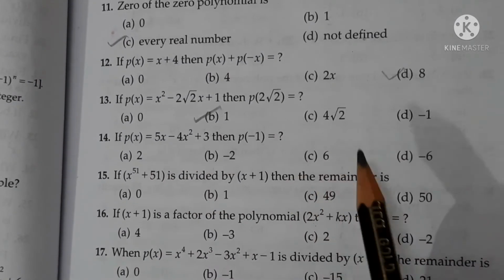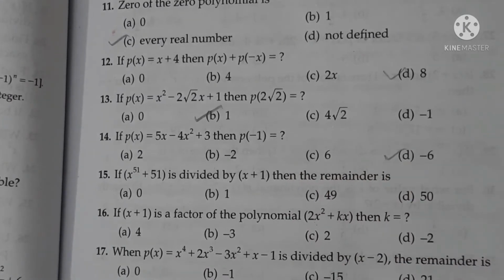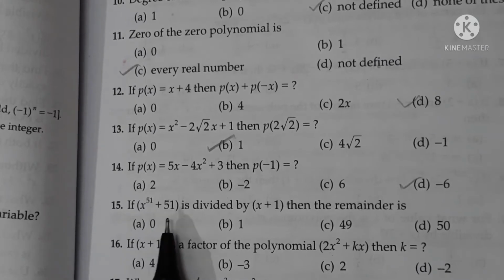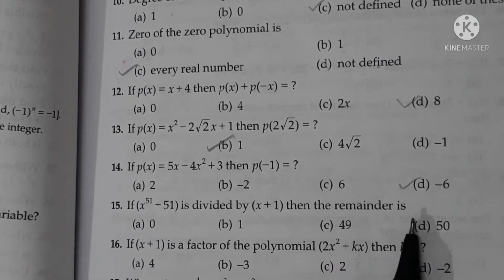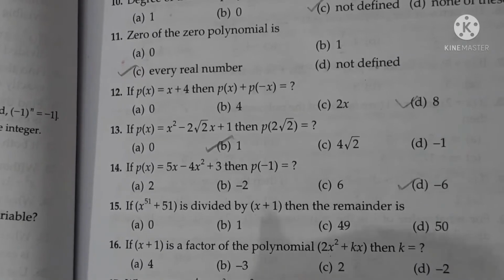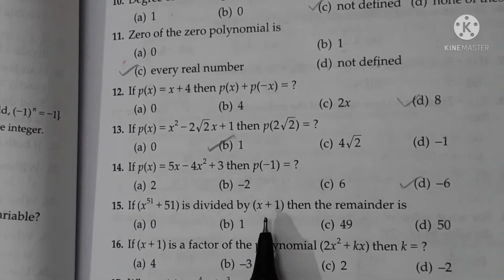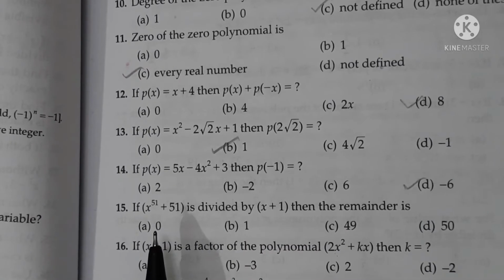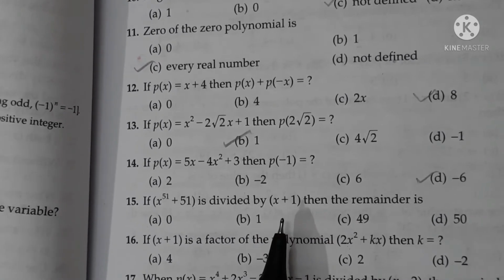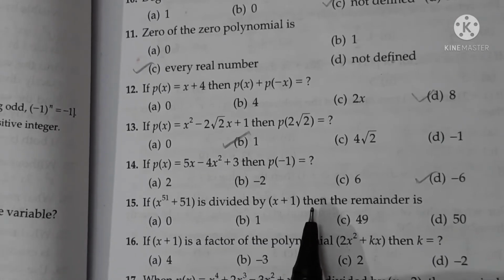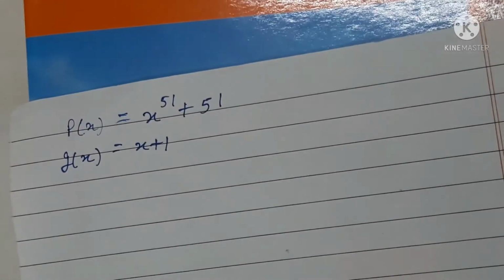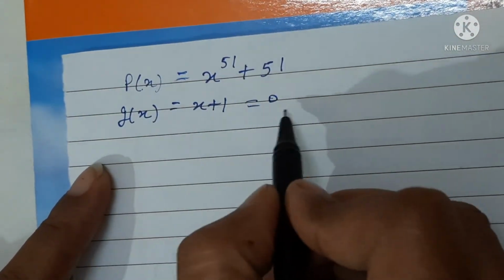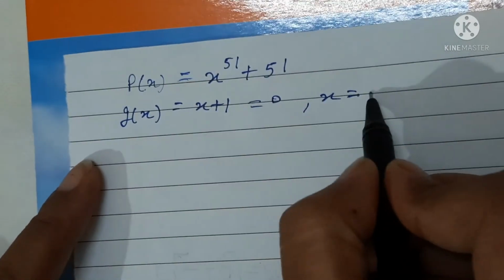Option D is correct. Next, question number 15. If x to the power of 51 plus 51 is divided by x plus 1, then the remainder is. See the solution. Here it is divided by x plus 1, so we do not need long division; putting this linear polynomial equal to 0, this thing is equal to 0. So x is equal to minus 1.